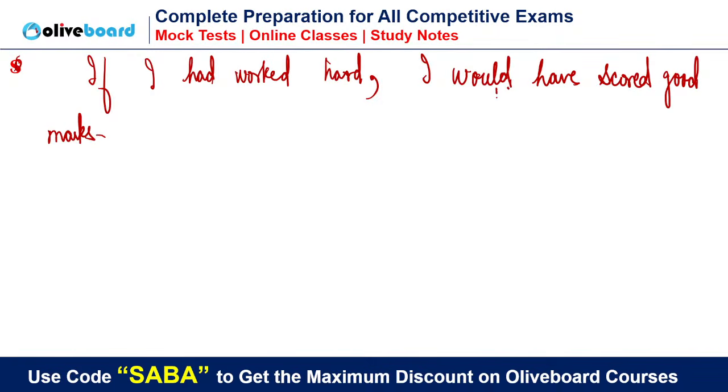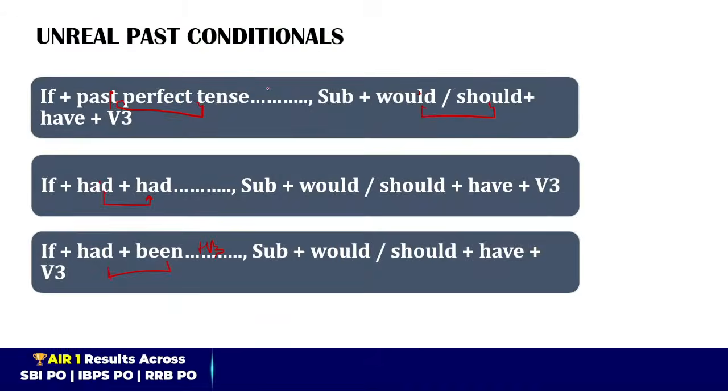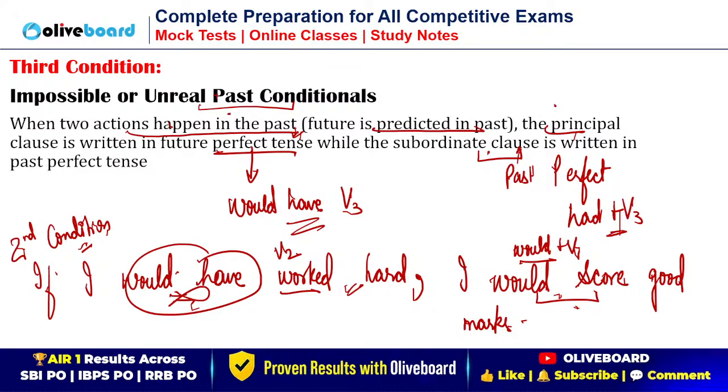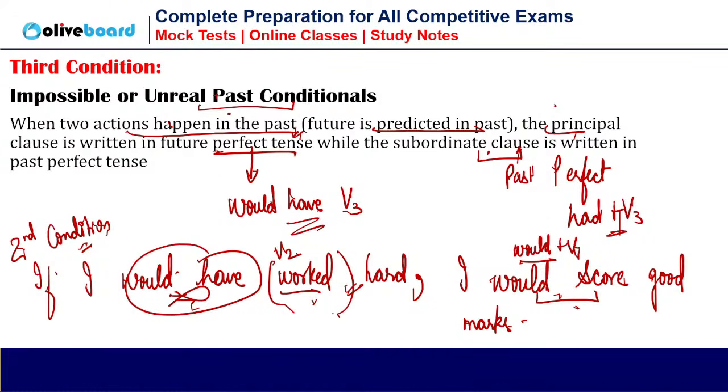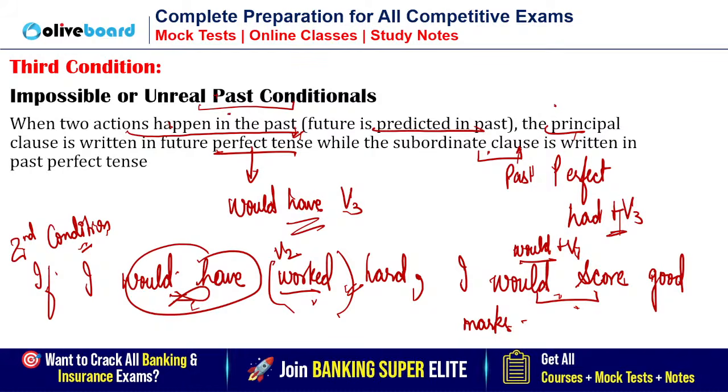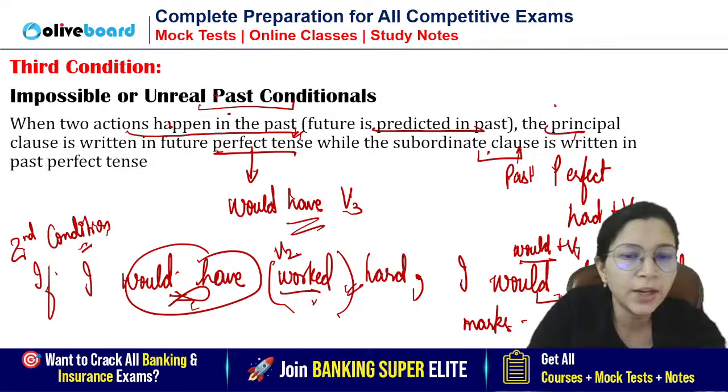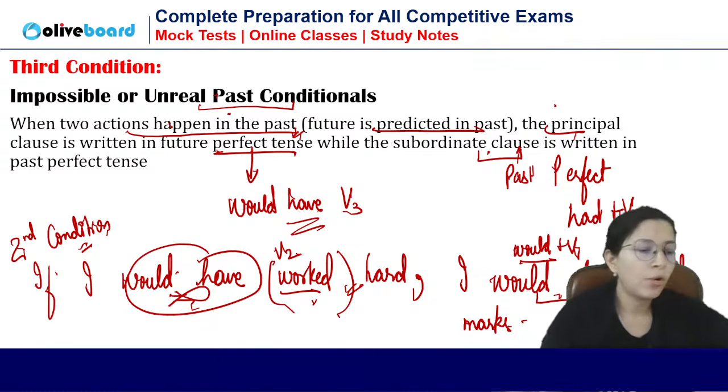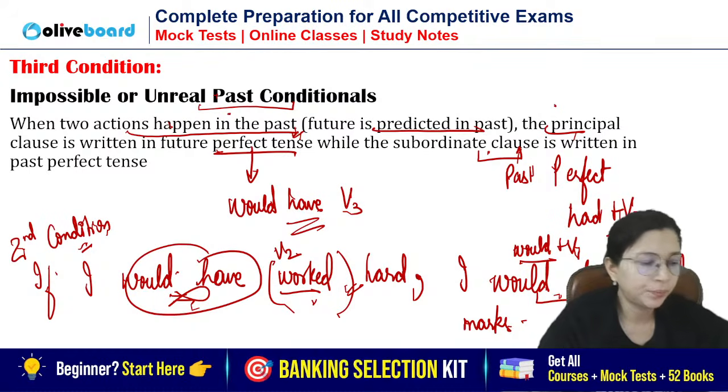In third condition, would have plus V3, and here had plus V3. In second condition, would plus V1 and here V2. Guys, remember this difference. Because if you do not keep this difference, then you will always be confused between second condition and third condition. Always it will be a problem for you.